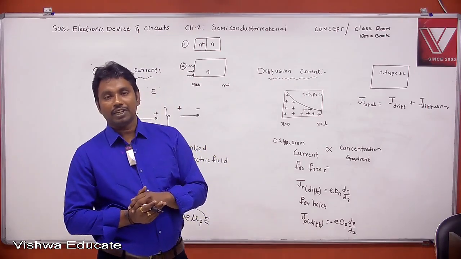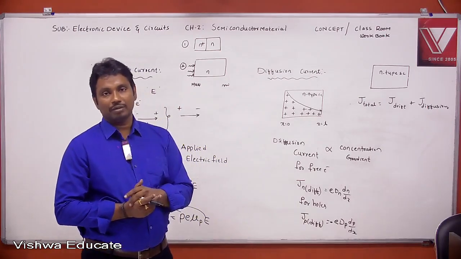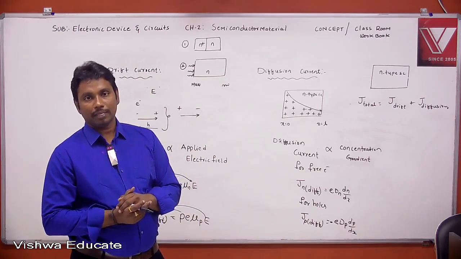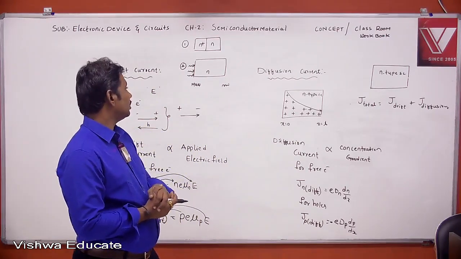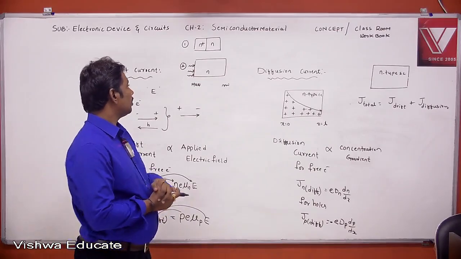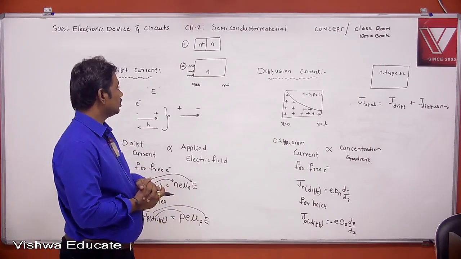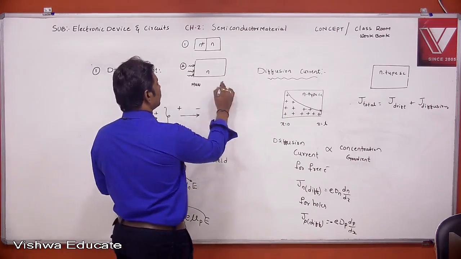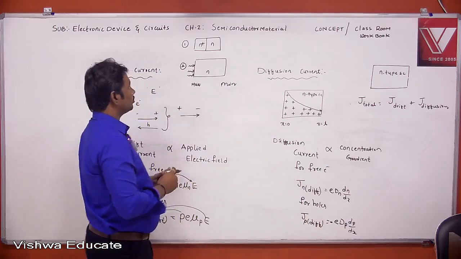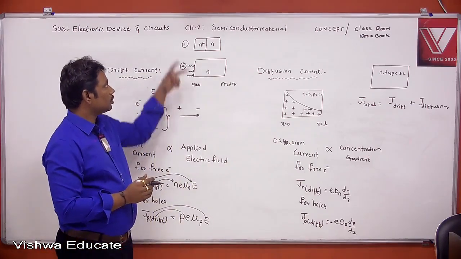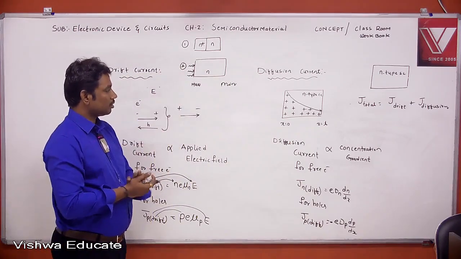And case 2: if charge carriers are injected into a semiconductor from one side. In these two cases, diffusion current can flow.